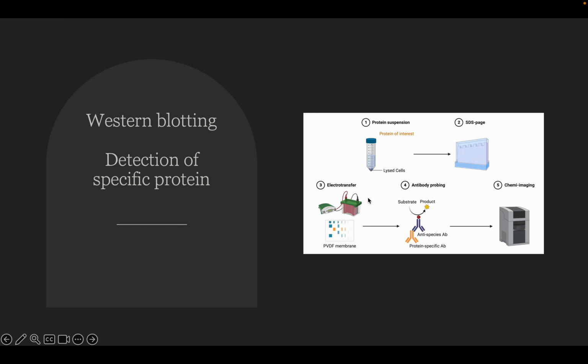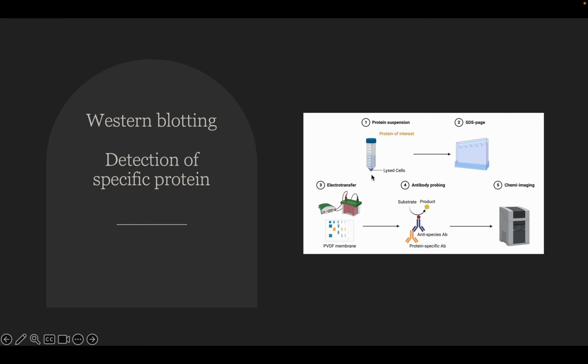There are different buffers available depending on what you want to isolate, like the nuclear fraction, the cytoplasmic fraction, mitochondrial protein or ER protein. Based on your requirement, you have different protocols available.